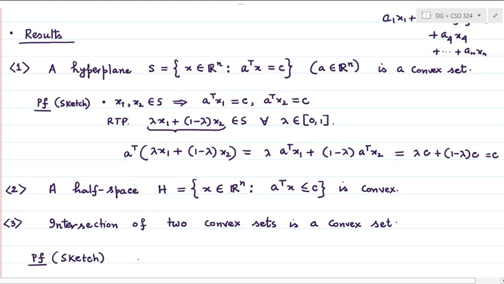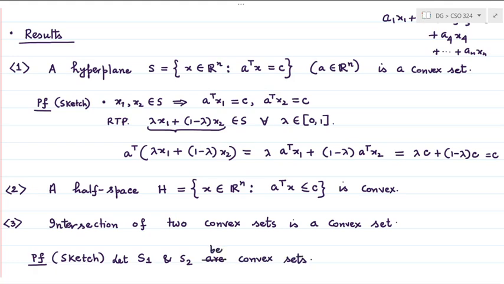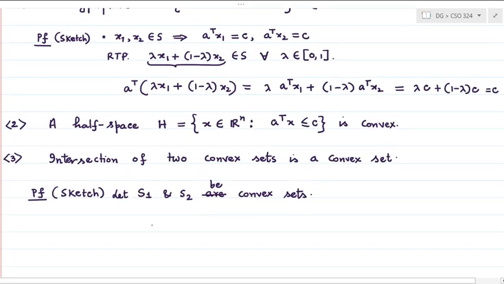Let me consider two sets, S1 and S2, that are convex. Now what do you have to prove?